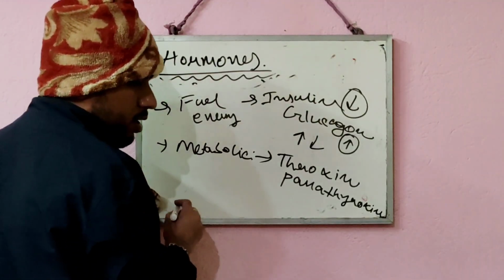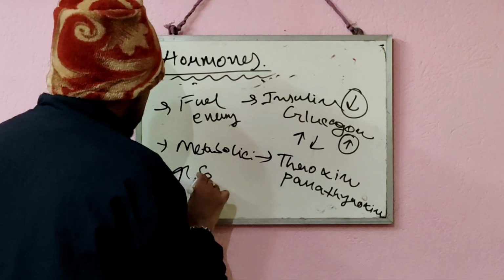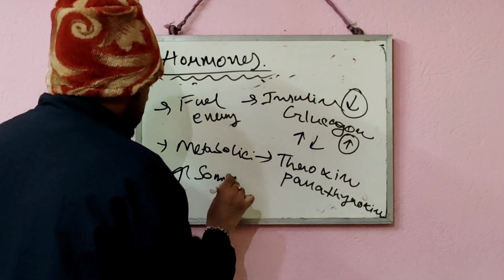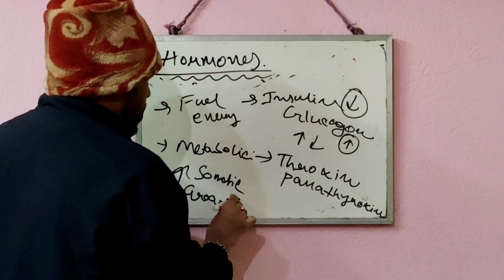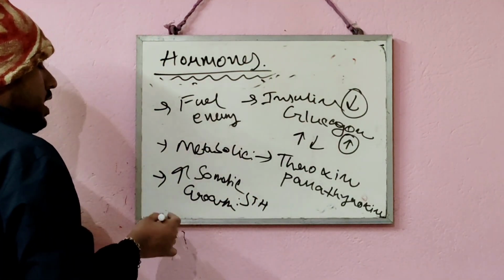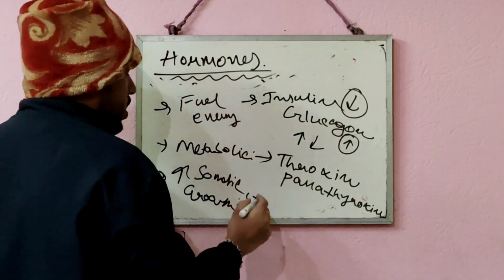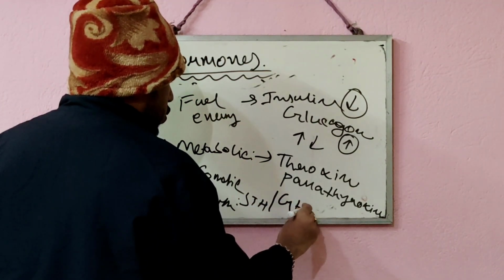The third type of work is promoting somatic growth. The example is somatotropin hormone, as they help in growth in a somatic way. That's why they are also called growth hormones.